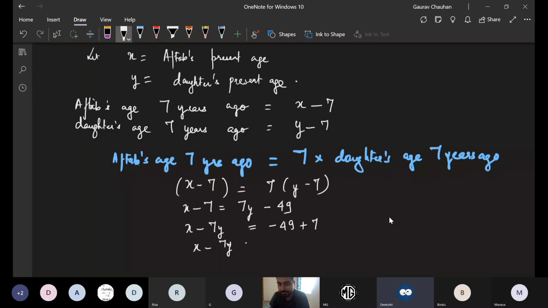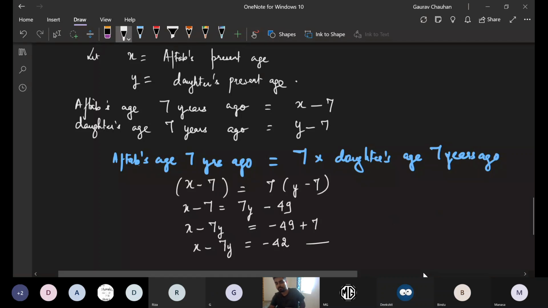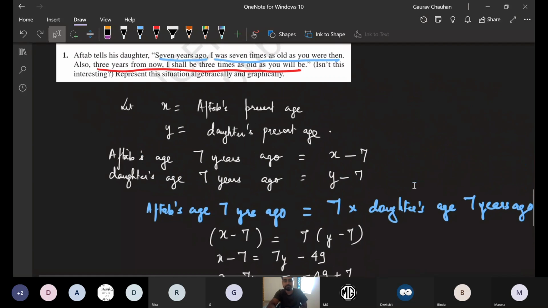Especially in the board exam, don't jump that step until you're at the very end of your exam and you don't have time. You should not be in that situation in the first place. By chance, if you have landed in that situation, then only jump those steps. Otherwise, anyone seeing your paper should be able to understand without any confusion. All right, so this is your first equation. Fair enough, Dikshit. Okay, let's go to the second equation now.